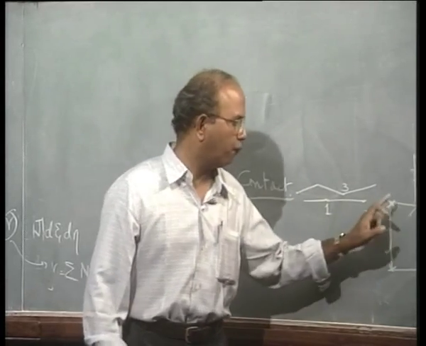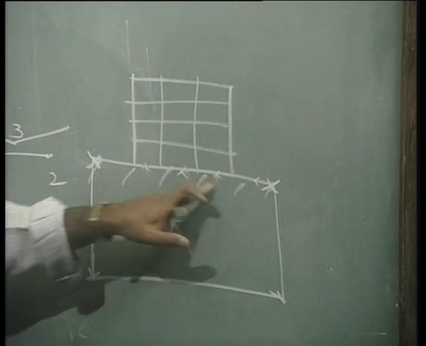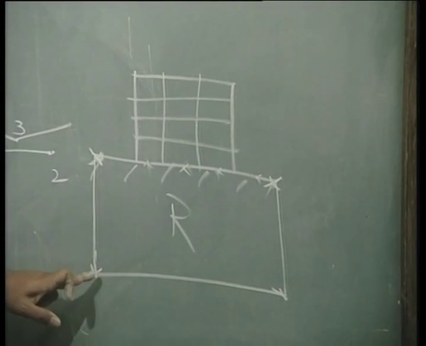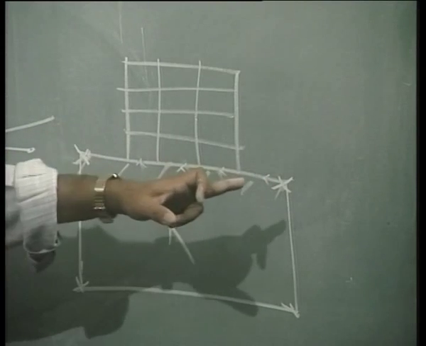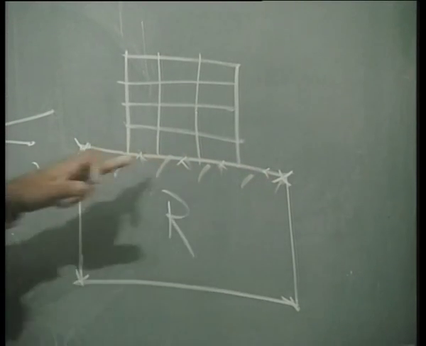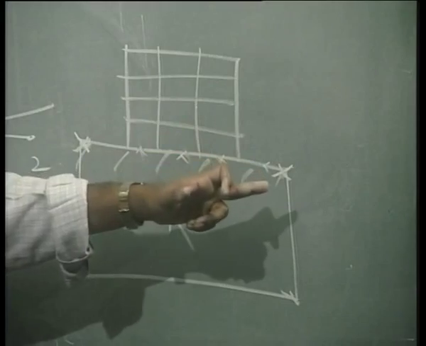Say, for example, I have 4 nodes, forget about these nodes for a minute. Then this node and this node are the rigid body's nodes, or in other words, master nodes.